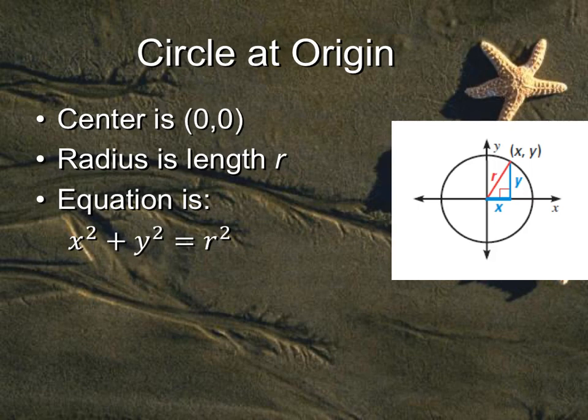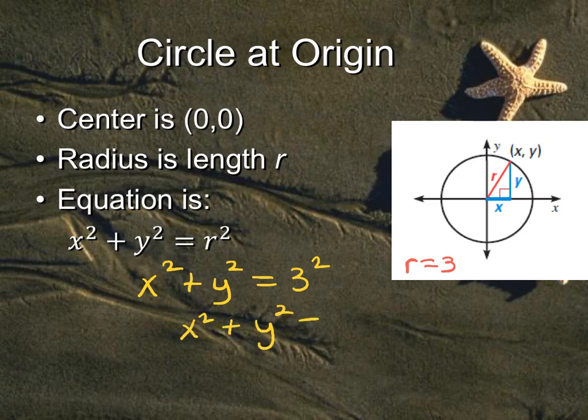For example, in this circle here, if I told you that this radius had a length of 3, my equation for this circle would be x squared plus y squared equals 3 squared. And you're going to have to do the 3 squared. So x squared plus y squared equals 9.